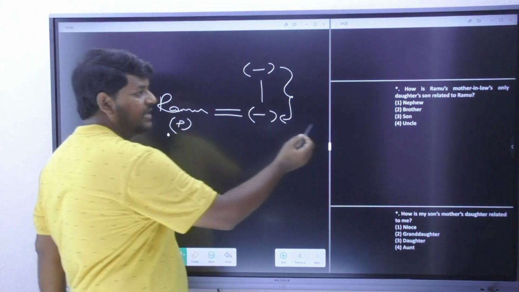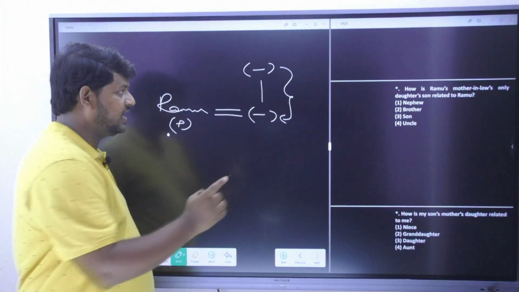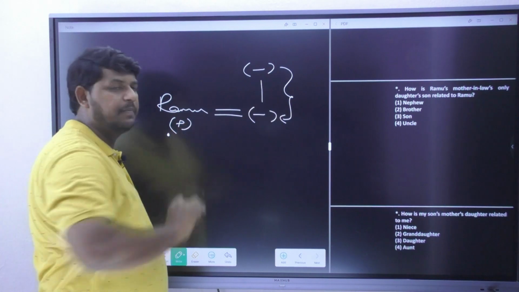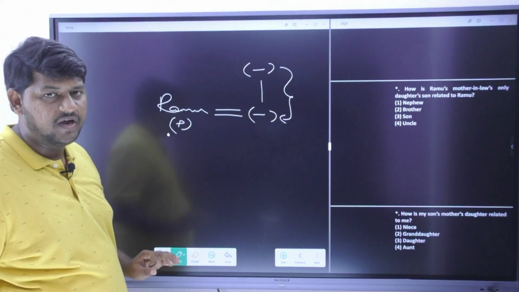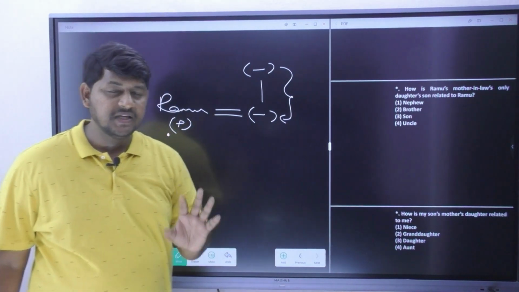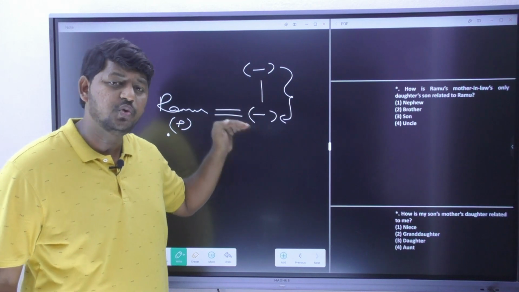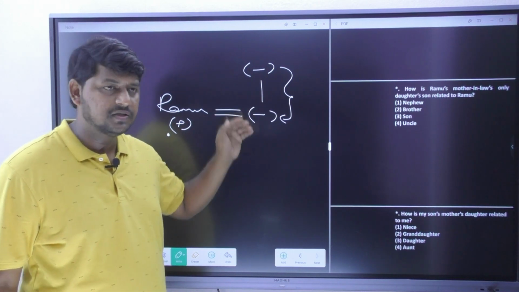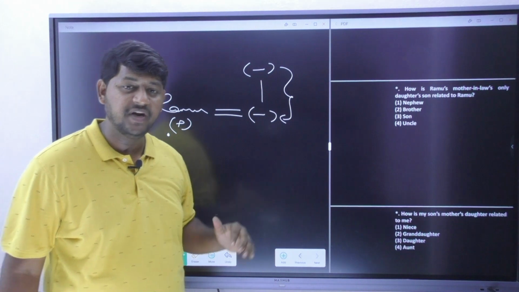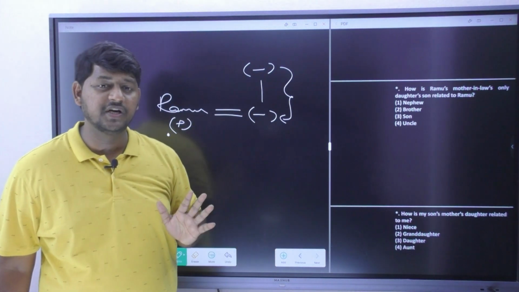Now this mother-in-law's only daughter it is mentioning, it is definitely coming back to Ramu's wife only. It is never mentioned child. What does that mean? Please remember, it is not possible to have 2 daughters or 3 daughters to that particular person, but when it comes to the son, there is always a possibility. You have to keep that in your mind.